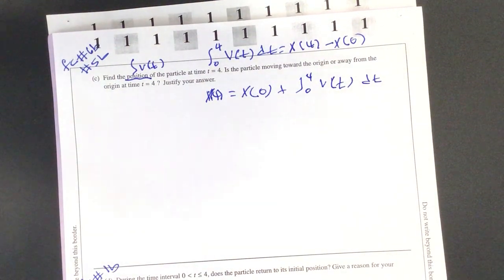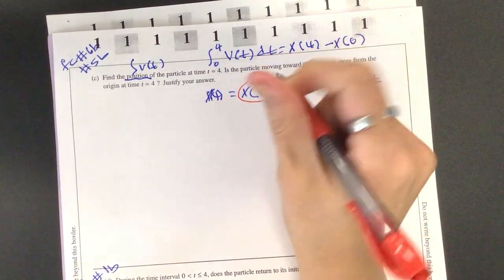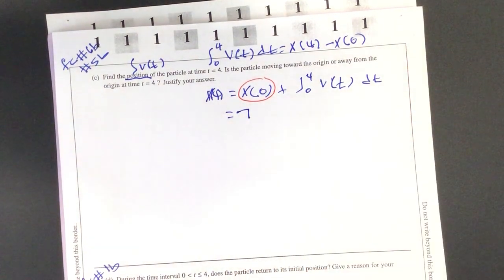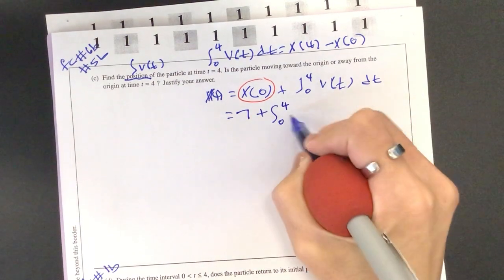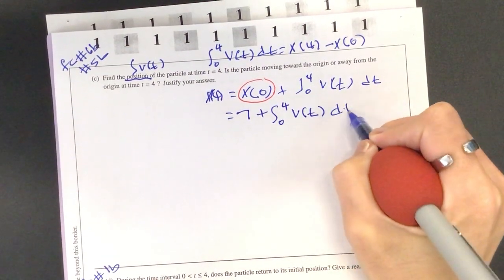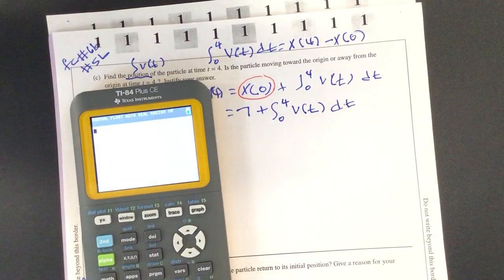Now let's plug in what I know. From part A, what was the initial value at x of 0? 7. And then the next piece, we have the function already saved in y2, so why not go ahead and recall that by just writing out v of t, dt. So let's all type this in together. Go to your home screen.